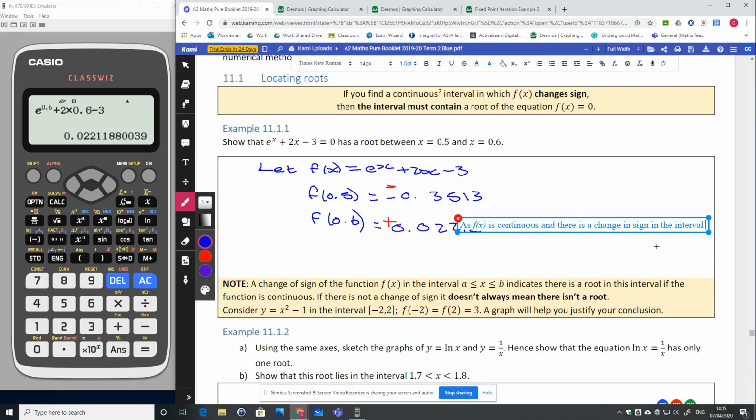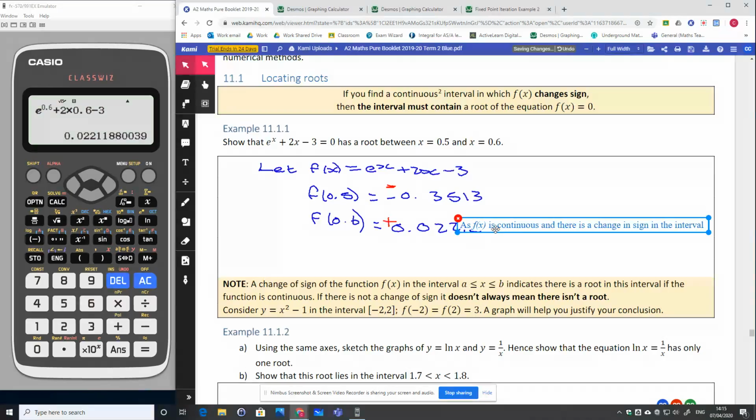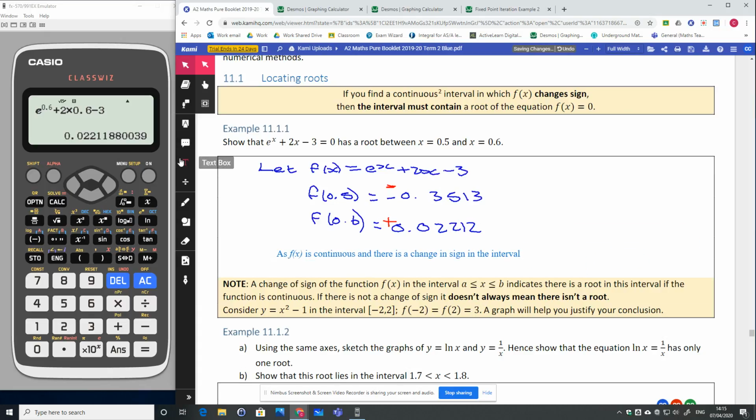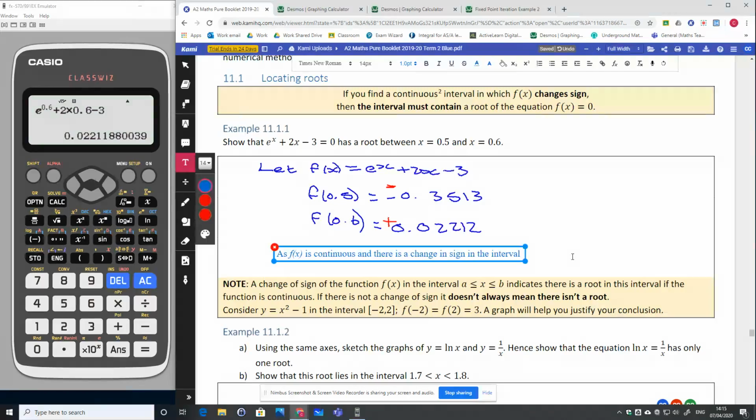As f(x) is continuous and there is a change of sign in the interval that we've been given, I'm going to use the bracket notation for the interval, which you should have seen when you were doing domain and range of functions. And we've got a root.